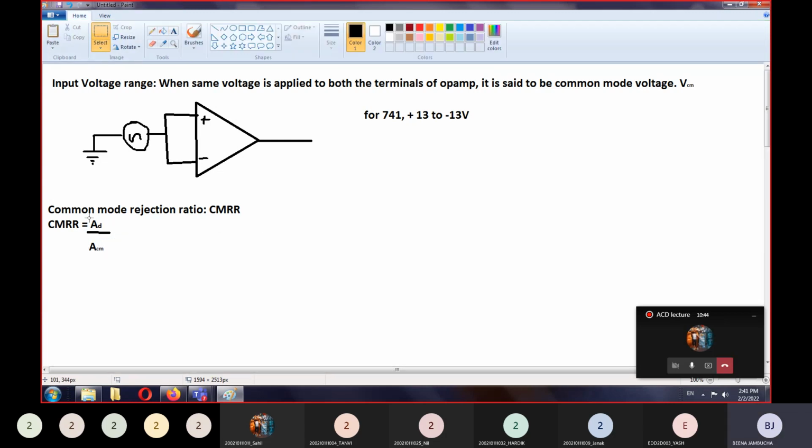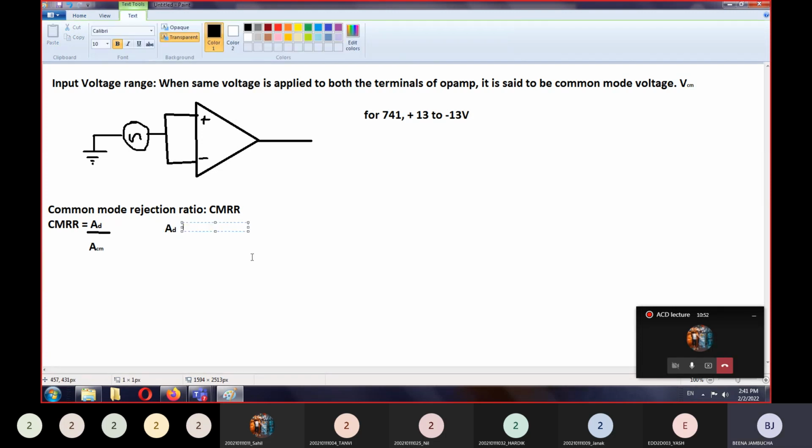What do we mean by differential gain? It is the gain we get when the two inputs are not equal.